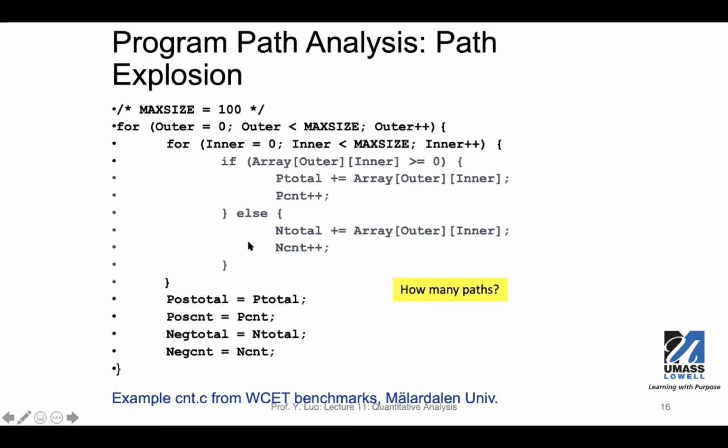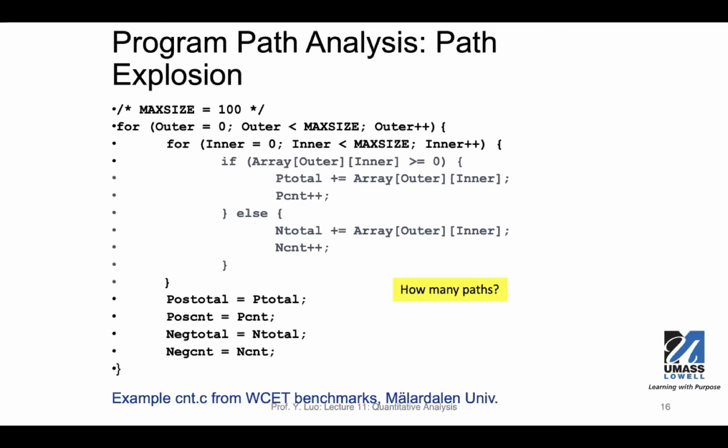Then given different inputs, how many different paths can we possibly have? 2. Exactly, that'll be 2. So either this path or this path, right? Either positive or negative. But that's the case where we don't have these for loops.